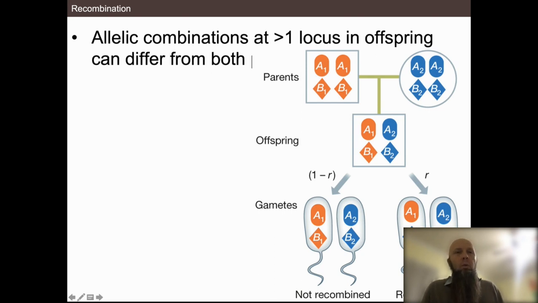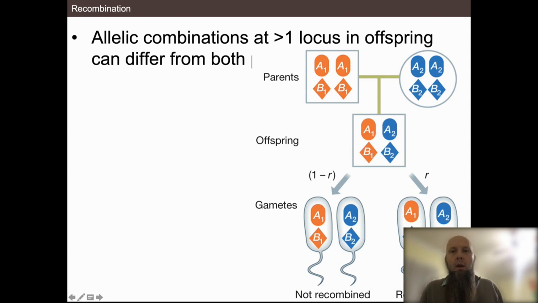So when we are talking about genetic linkage and recombination, we're speaking of alleles for different genes that are associated with one another in genotypes and in phenotypes of individuals at a disproportionate rate. Okay? And so what I mean by that is, imagine this scenario here where we have genes A and B. And for each of these genes, there are 2 different alleles. So there's A1 and A2, B1 and B2.